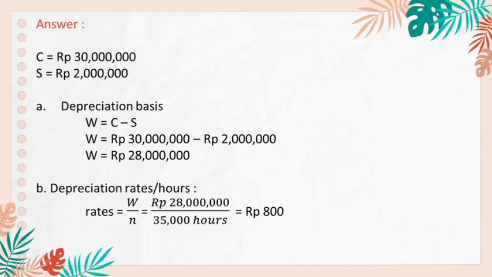Okay, first we must know the depreciation basis, and the depreciation basis is W equals C minus S. 30 million rupiah minus 2 million, then we get 28 million rupiah. And then we calculate the depreciation rate per hour.